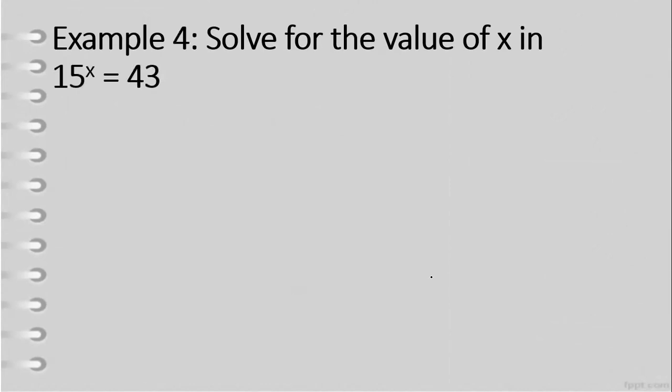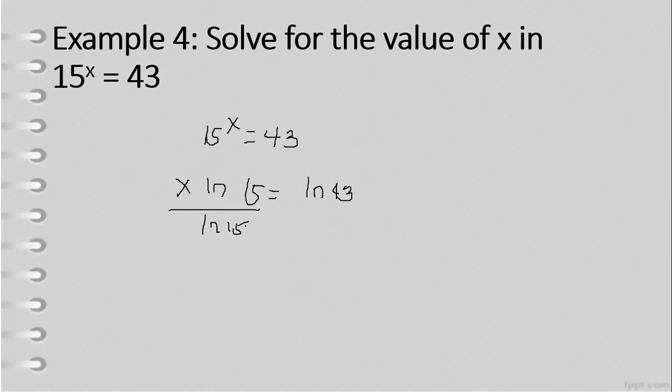Example number 4, solve for x in 15 raised to x is equal to 43. Again, same with the previous example, we cannot get the same base. So we use the power of logarithms: x times natural logarithm of 15 is equal to natural logarithm of 43. Then divide both sides by natural logarithm of 15, so that only x is left, the division property.